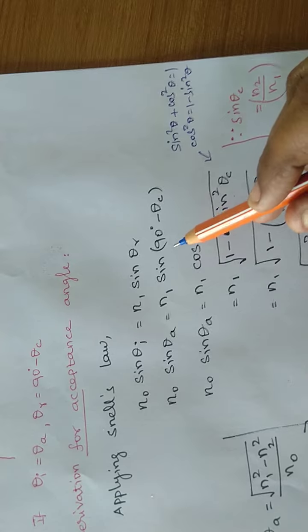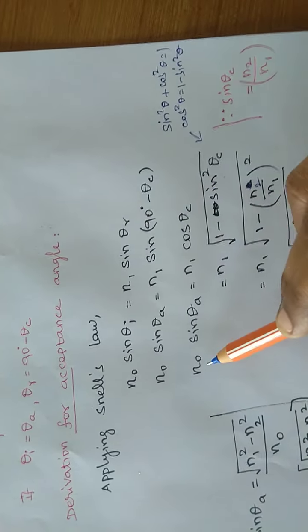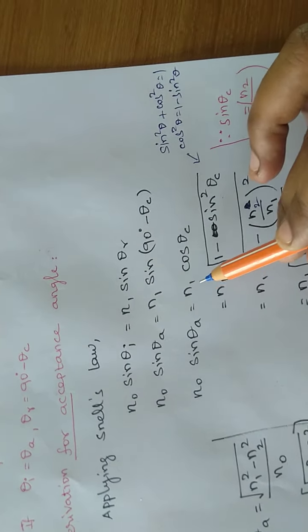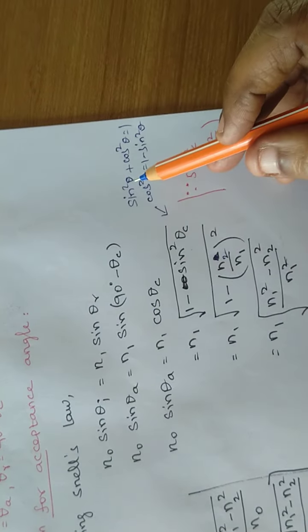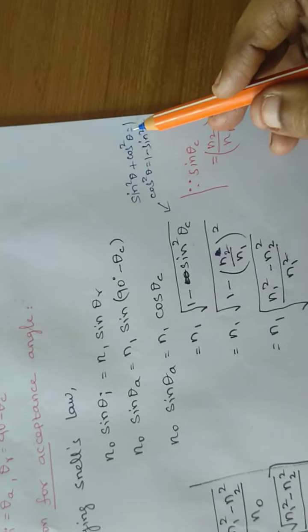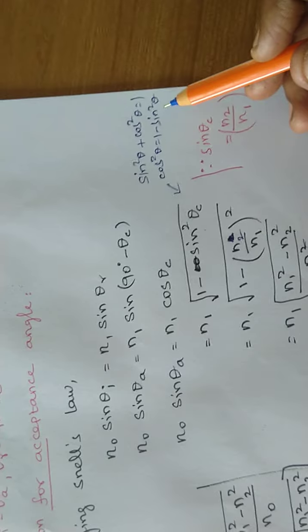Next, sin of 90 minus theta is cos theta c. Then we can write this as N0 sin theta A equal to N1 cos theta c. And for this we can use the formula sin square theta plus cos square theta equal to 1. From this, cos square theta equal to 1 minus sin square theta.